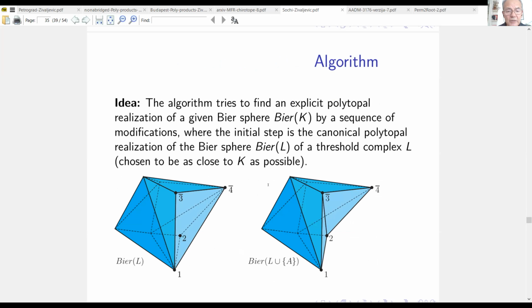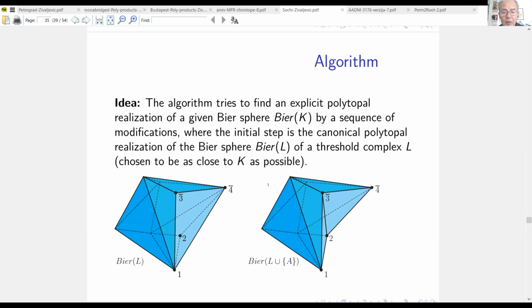So here is the algorithm. You have an explicit simplicial sphere, a Bier sphere associated to a simplicial complex K. So what do we do? If K is threshold, it is polytopal; we know it by theorem 1.